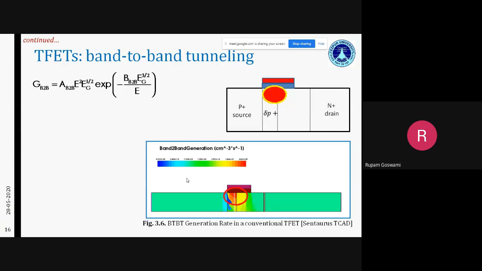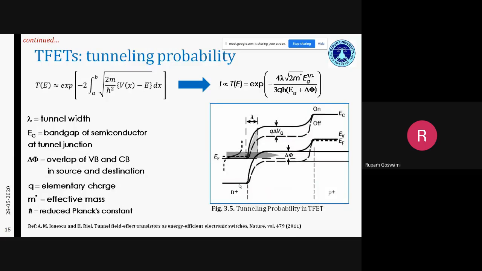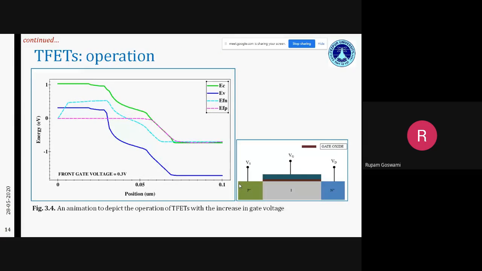And as shown, you will have maximum tunneling rate close to the surface and near the junction, because close to the surface you will have the maximum impact of the gate, and close to the junction you will have the steepest gradient in your energy band diagram, as we have seen in the principle of operation.